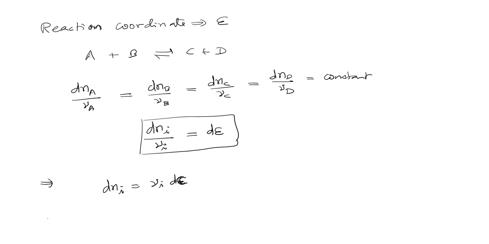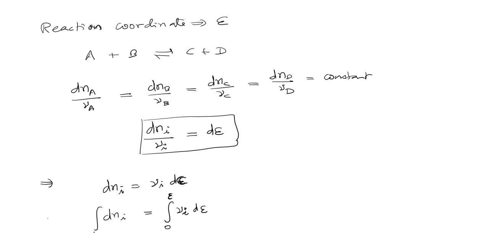Now if I integrate both sides, dni, and here nu i into d epsilon. Before the commencement of the reaction we have only reactant, so there is no reaction and the reaction coordinate is 0, and at a particular stage we will have some value of reaction coordinate, let it be epsilon.